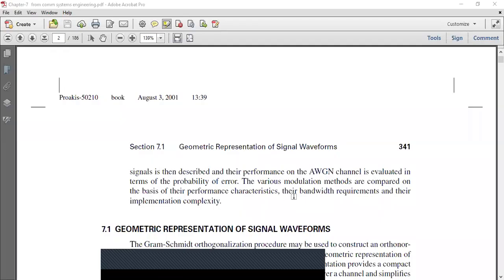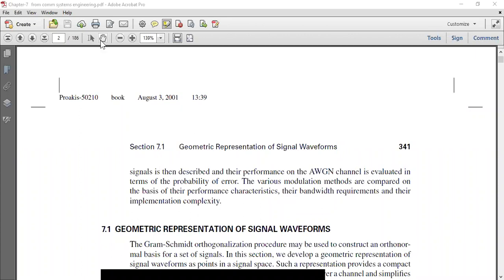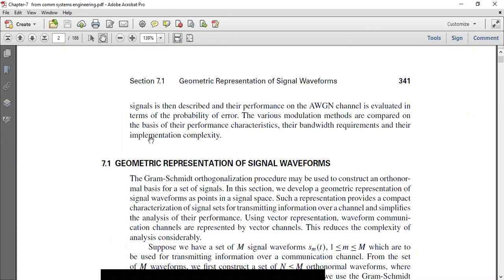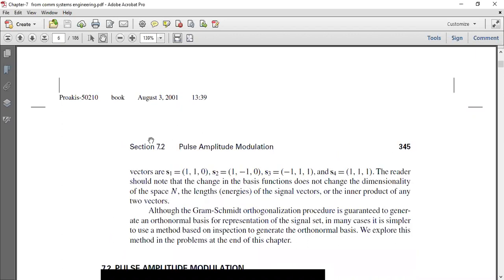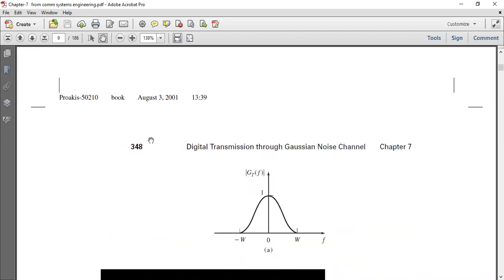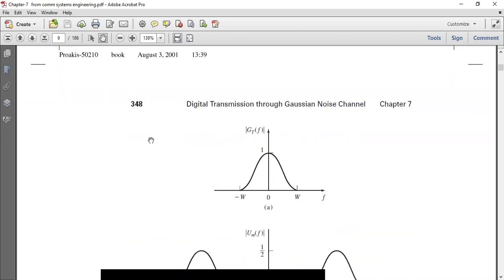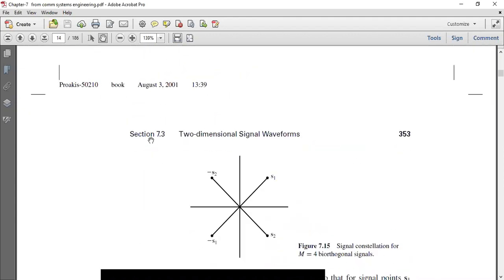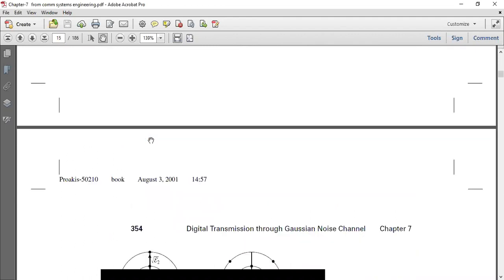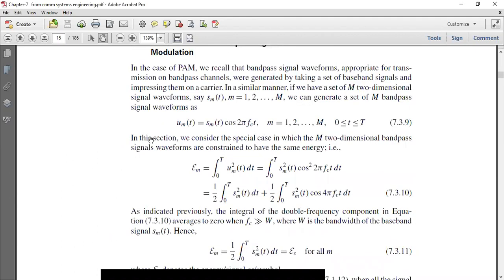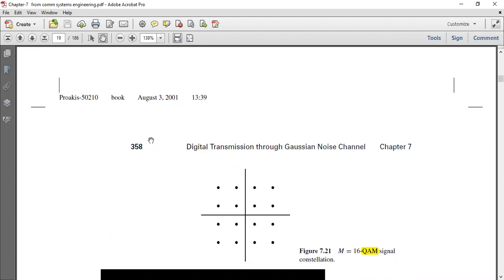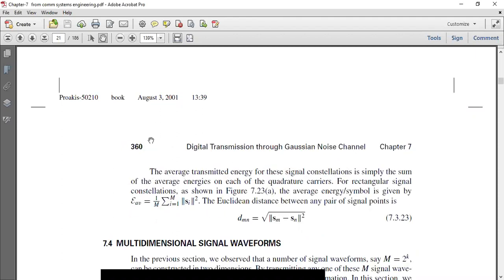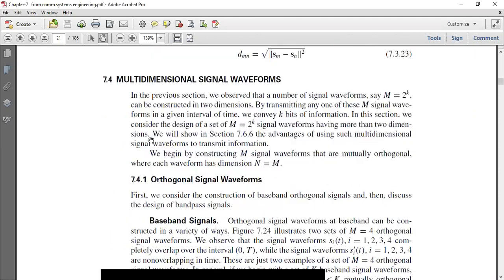So if we look into our syllabus for the midterm, we are covering chapter 7, and we have now covered sections 7.1 and 7.2. 7.2 was for two-dimensional signaling. Then we covered section 7.3, multi-dimensional signaling.